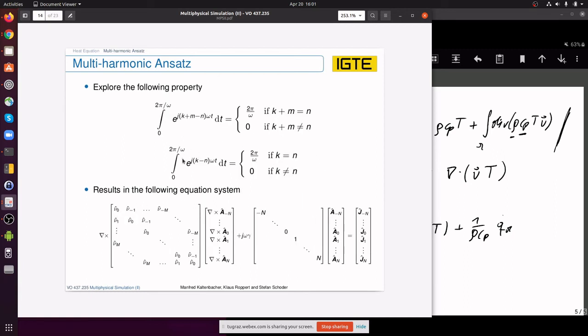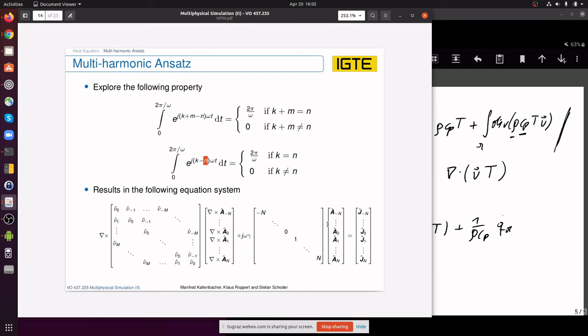We perform integration over one period and get this result of 2 pi over omega if this exponent is 0. And then we can let this n run from minus N to N and get the rows of this system.